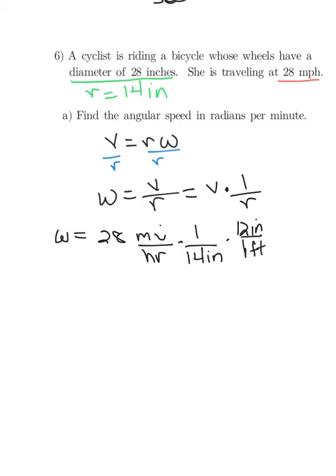By the way, when we're taking these fractions of 12 inches and 1 foot, even though they are not written in the same units, we are really just taking this fraction times a 1. And anytime you take something times a 1, you have not changed the value of it. So at this point now, inches are gone.